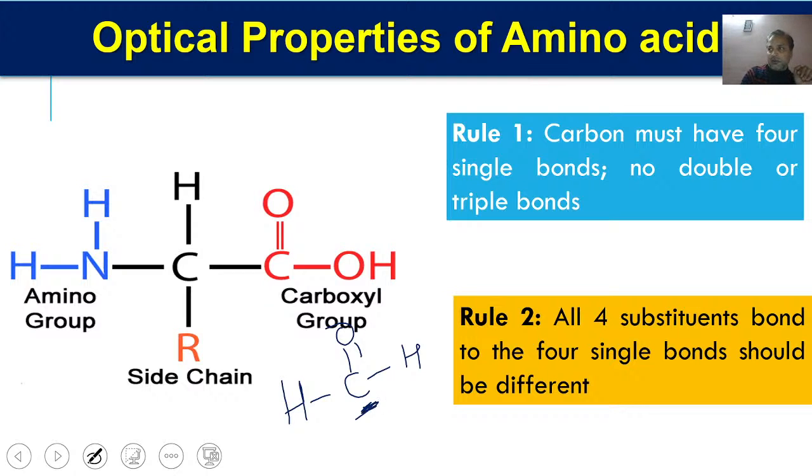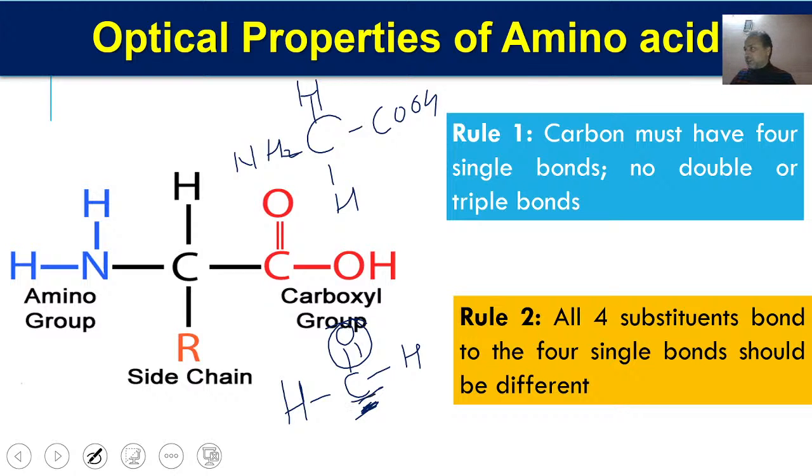You have to tell me about this carbon. This is symmetric, right? Correct. This carbon is symmetric. Why? Because here we are having a double bond. Perfect. So this carbon is a symmetric carbon because it has a double bond.